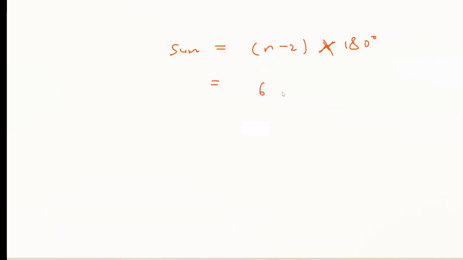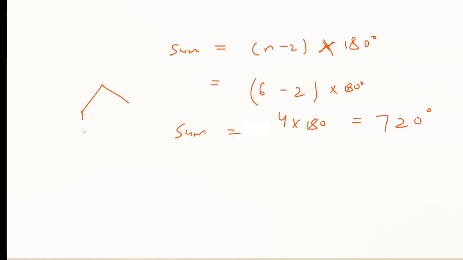So in place of n you can put 6 minus 2 times 180, which is 4 times 180, and that would give you 720 degrees. So the sum of all the angles of a hexagon, 1, 2, 3, 4, 5, 6, that all angles, their sum is 720 degrees. Okay.